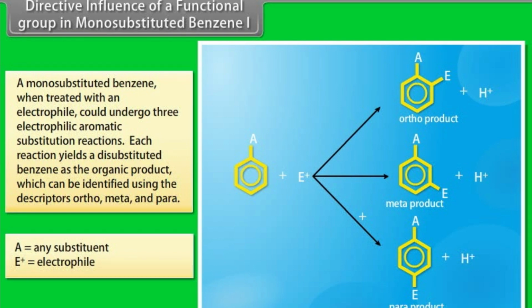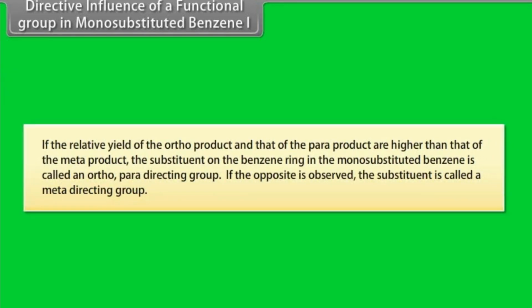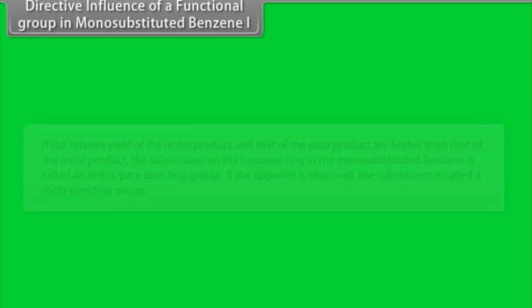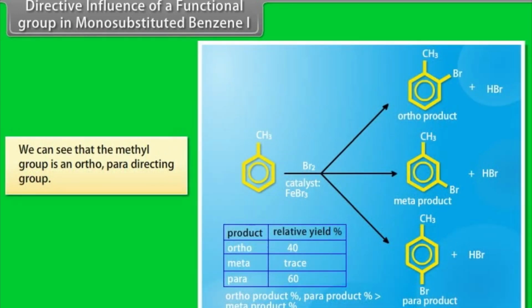E+ is equal to electrophile. If the relative yield of the ortho product and that of the para product are higher than that of the meta product, the substituent on the benzene ring in the monosubstituted benzene is called an ortho-para directing group. If the opposite is observed, the substituent is called a meta-directing group. Look at this example. We can see that the methyl group is an ortho-para directing group.